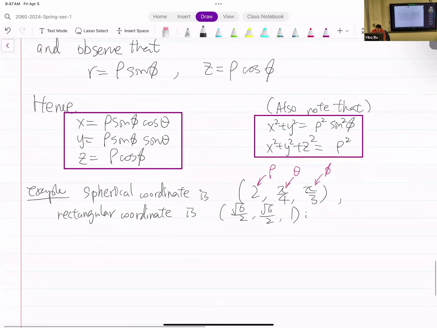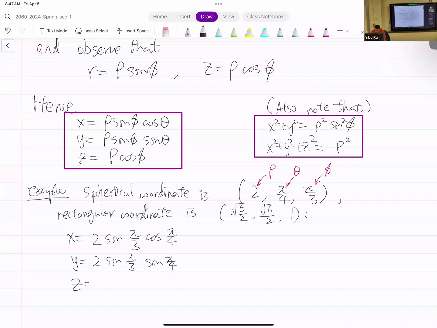Because rho is 2, right? So we just utilize the three equations on the left hand side. So x is 2 sine of π/3 cosine of π/4. Just substitute, we substitute phi first, and then theta. Y is 2 sine of π/3 times sine of π/4. Z is 2 cosine of π/3.